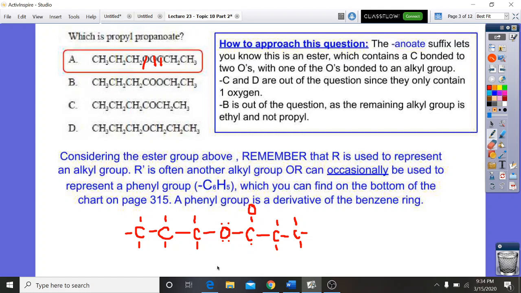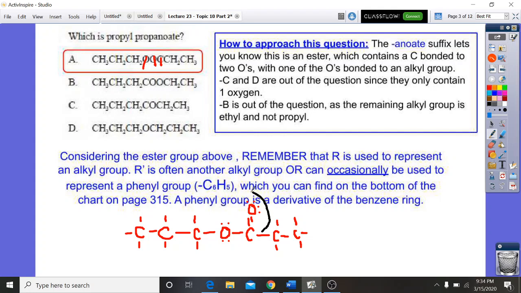This just means that I need to get rid of this single electron here because this O actually needs another electron as well. So what I'm going to do is just double bond. Okay then, what we have here is 1, 2, 3 C's, 1, 2, 3 C's.